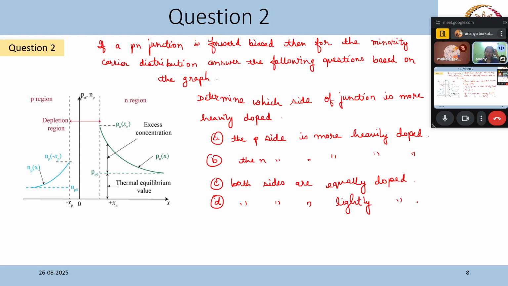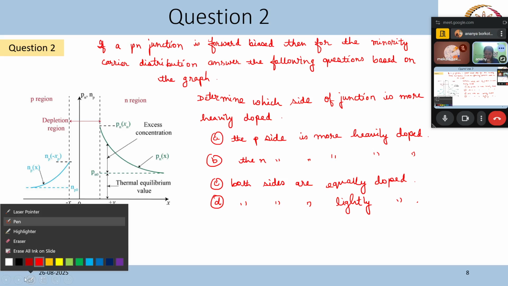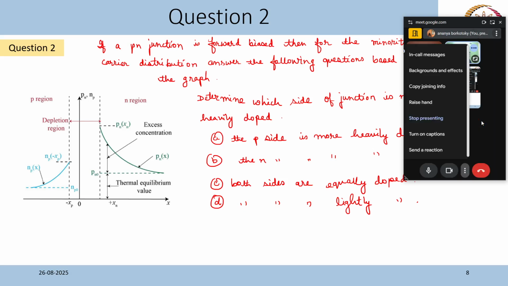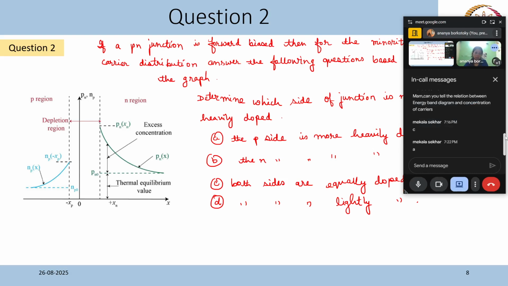So what is the correct option? Which side of the junction is more heavily doped? Answer A. Okay.